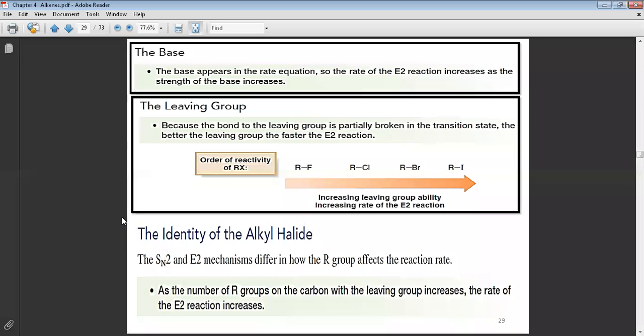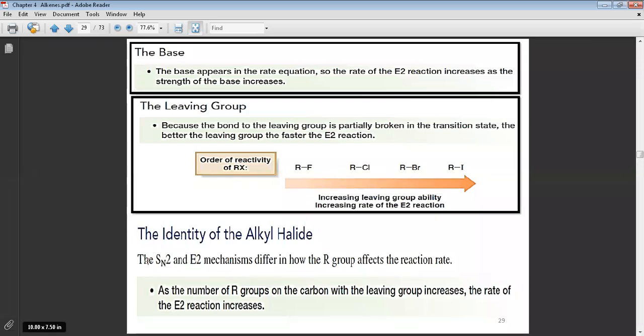It will not be better. Why? Because with more R groups, your starting material will be so crowded. That means the steric effect will be high, so for the SN2 reaction it will not be good.